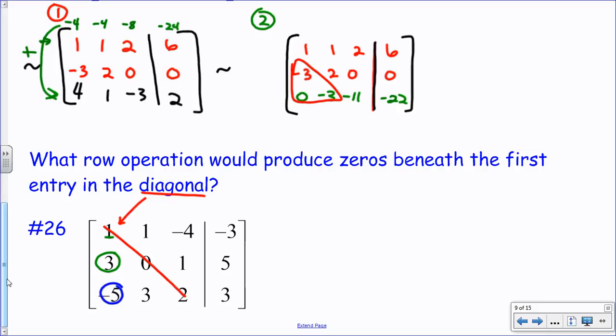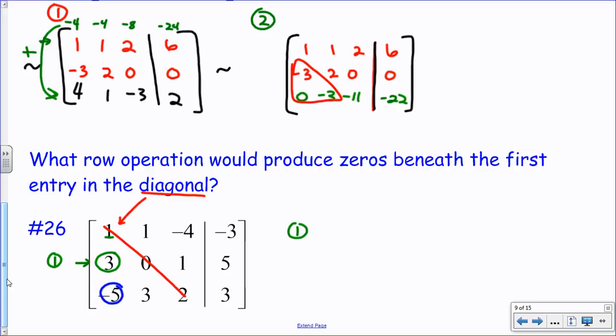Okay, so first of all, here. I want to get a 0 here. So that'll be my first step. Okay, so I'm thinking elimination. I'm going to use row 1, and I'm going to multiply row 1 by -3. And the reason why I multiply it by -3 is because then I get -3 plus 3, and that's 0.